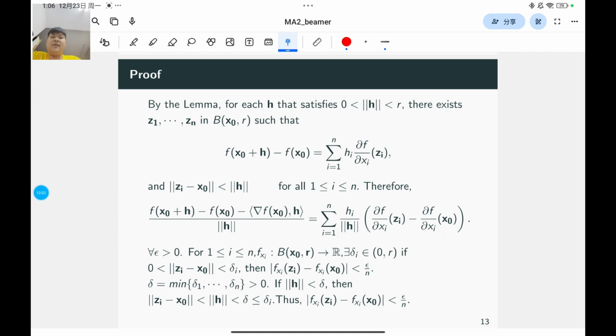We get this. Then for all epsilon greater than 0 and i from 1 to n, clearly partial xi is continuous at x0, so there exists delta i in the interval (0, r) such that if the length of zi minus x0 is greater than 0 and less than delta i, then the absolute value of partial xi at zi minus partial xi at x0 is less than epsilon over n.